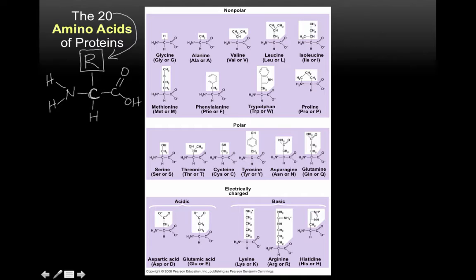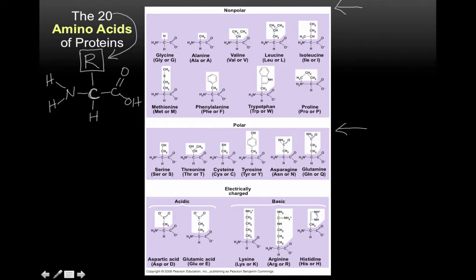As you look at the R groups of these amino acids, notice we can arrange them into groups based on their properties. So this upper region consists of amino acids that have non-polar R groups. The electrons are distributed evenly, therefore there's no partial charges, and therefore the R groups are hydrophobic. In the middle, we have a group of amino acids with polar R groups.